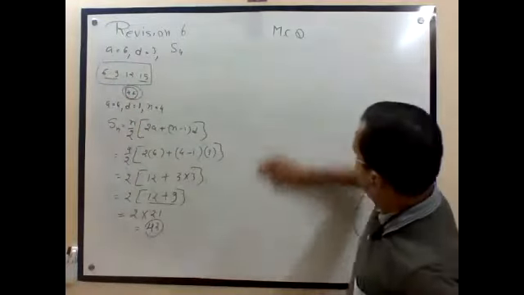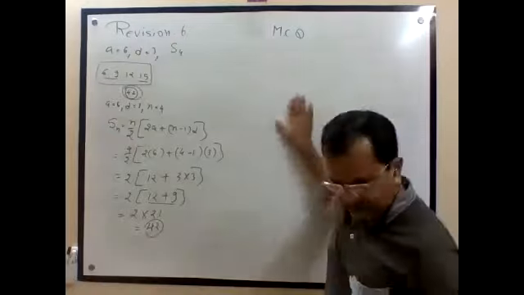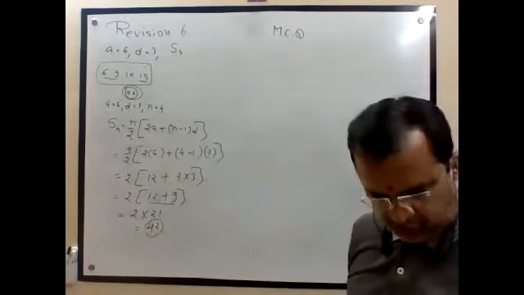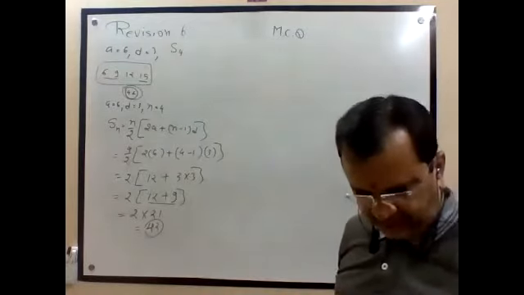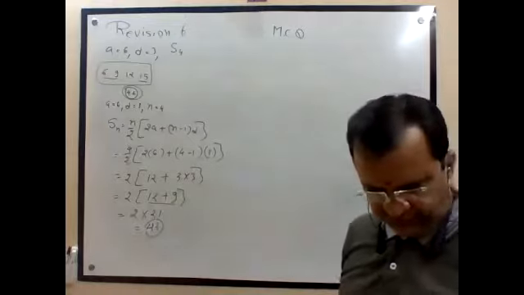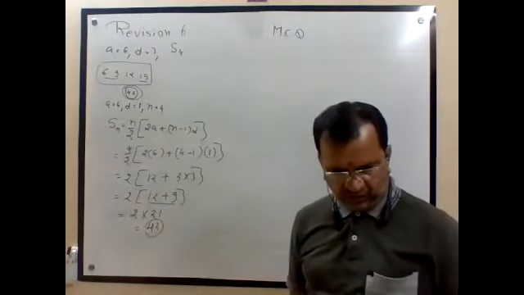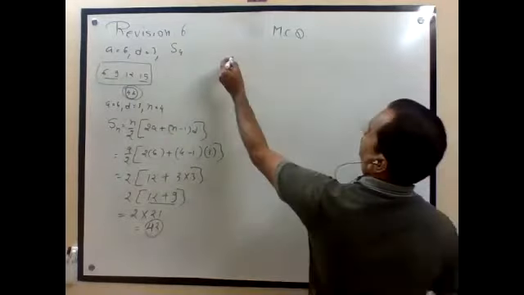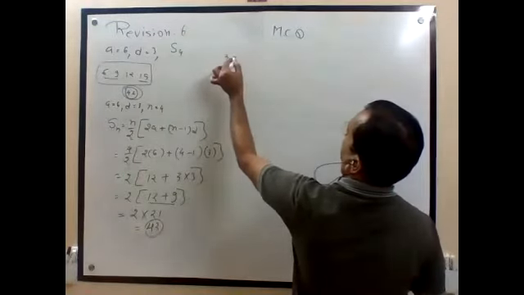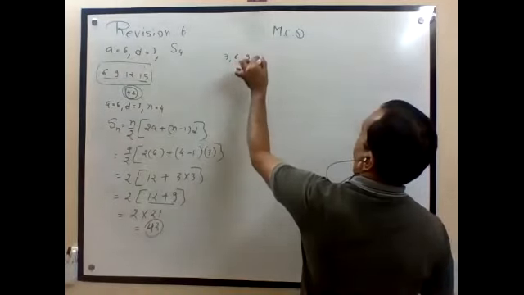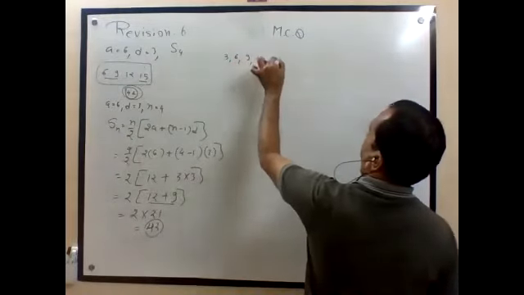Like this, sum of the first 5 multiples of 3. Multiples of 3 means 3, 6, 9, 12, 15.